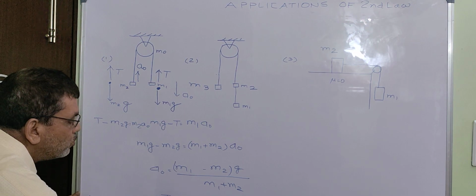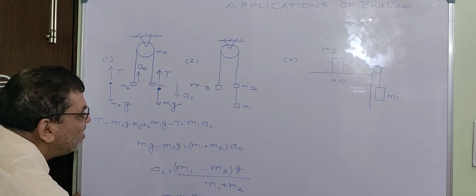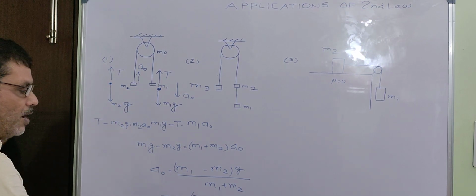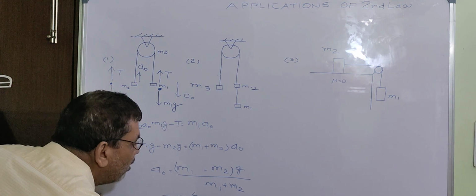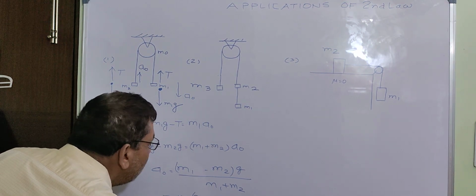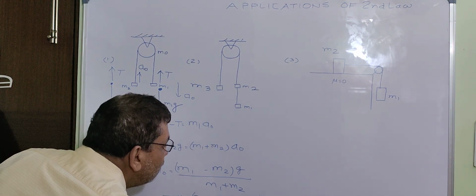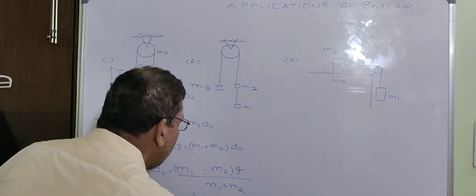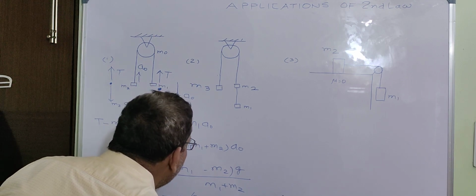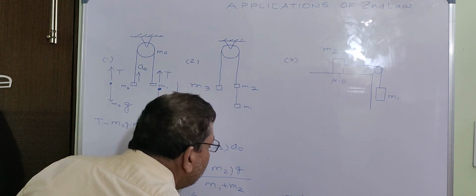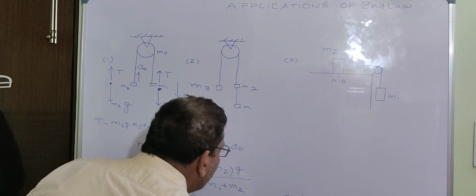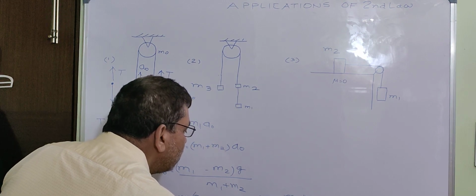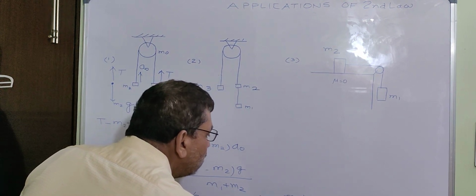I can write T equals M1 times G minus A0. Place the value of A0 here, get the value of tension. I think I can find this tension as M1 times G minus A0, which is M1 times G times one minus M1 minus M2 by M1 plus M2. I can take this G common, so let us take G out.